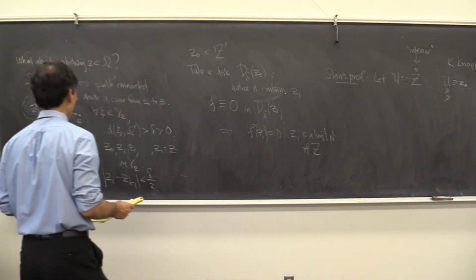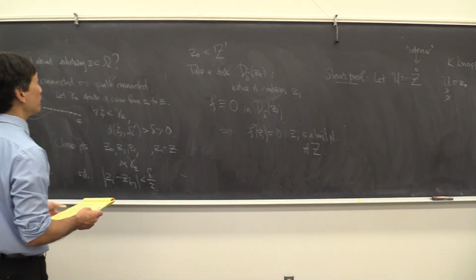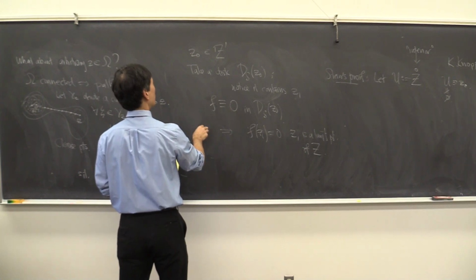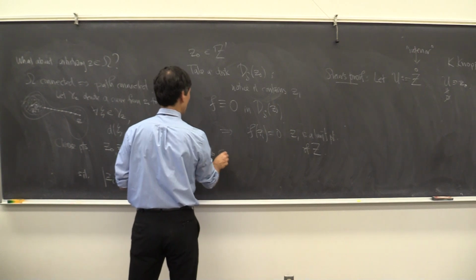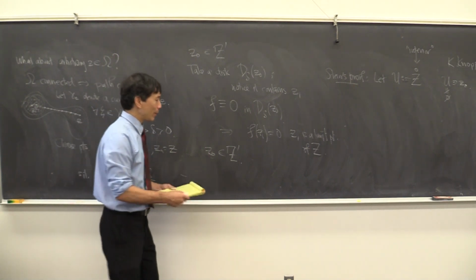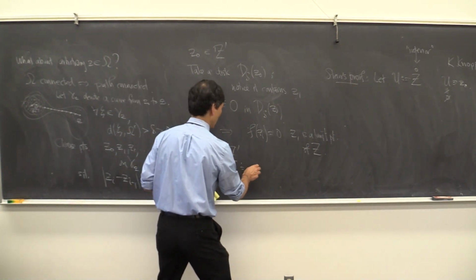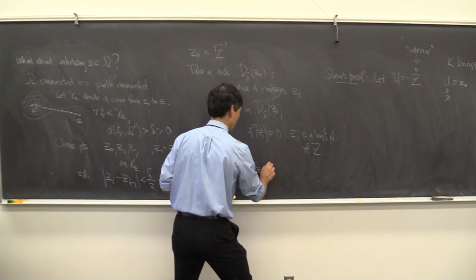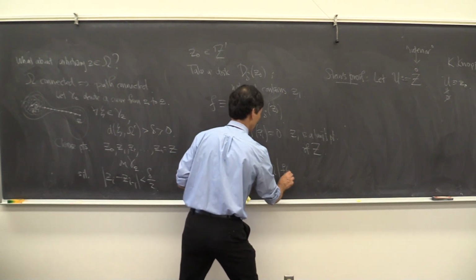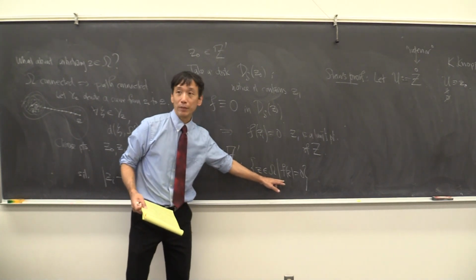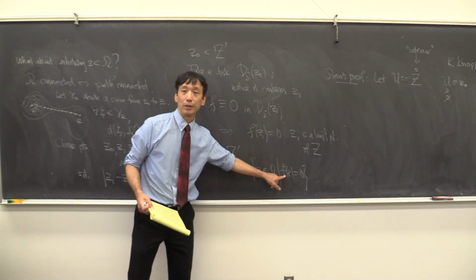Oh, I forgot to mention one comment here. Remember, Z naught was a limit point of Z. But remember how Z was defined: Z was defined as the zeros of F, right?